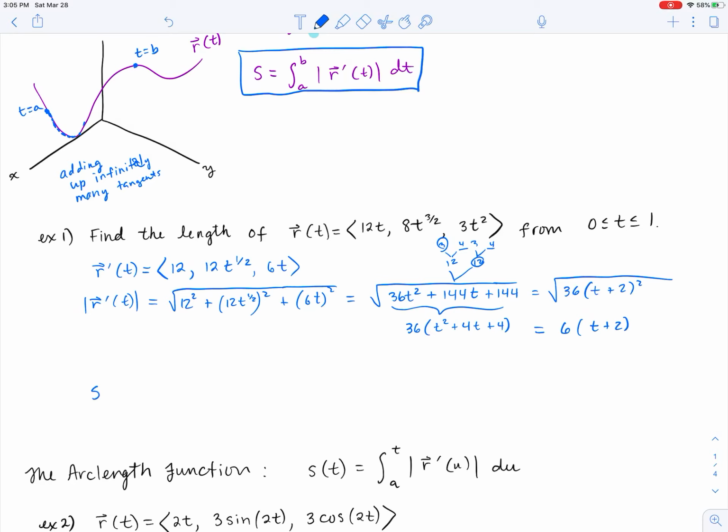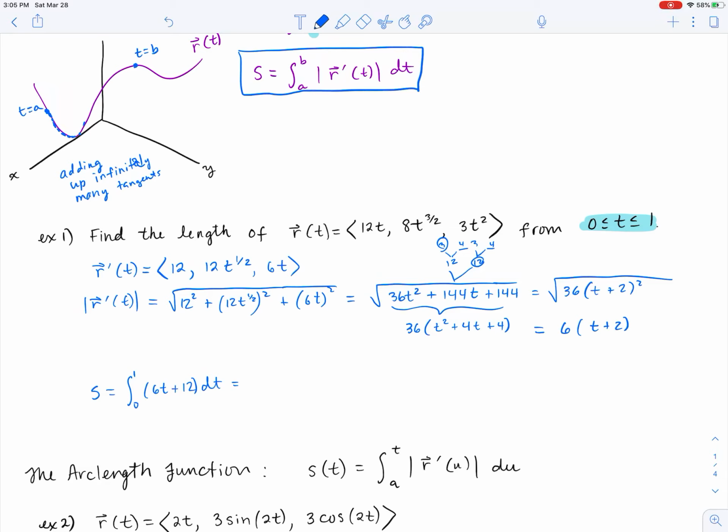So now we can set up our integral for arc length. The limits of integration I'm getting from here, so 0 to 1, of 6t plus 12 dt.